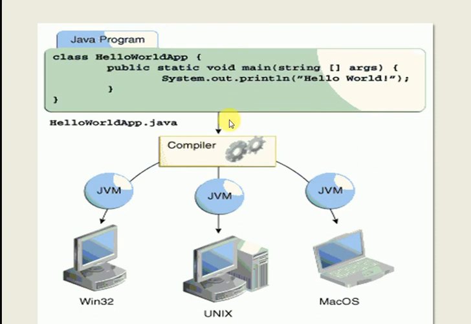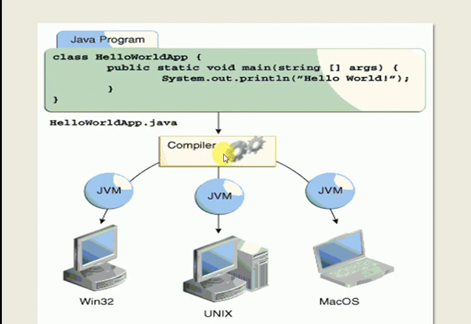The next slide shows what I have already told you, that Oracle Corporation has designed these things, so I am just explaining it here based on this example. Suppose this is a file I have created.